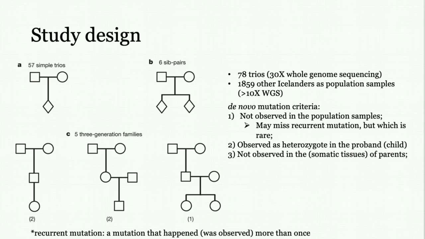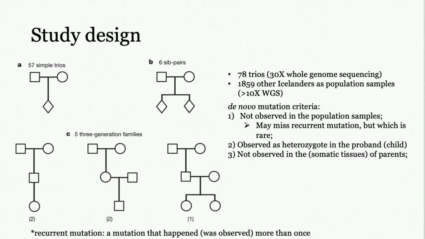In this way, it actually helps you reduce the error, because when you try to identify mutations using sequencing data, there are always errors, and you need to use different approaches to help you reduce the error. So the criterion used in this study for de novo mutation is that the mutation should not be observed in the population sample.